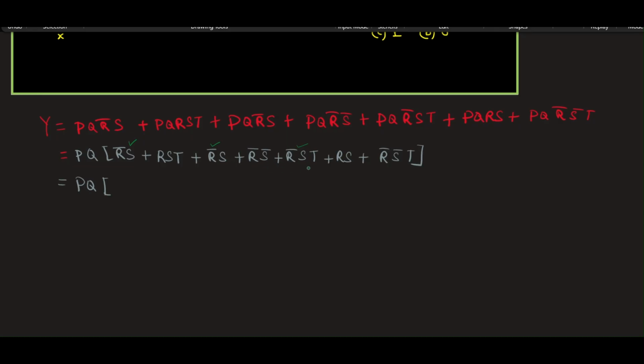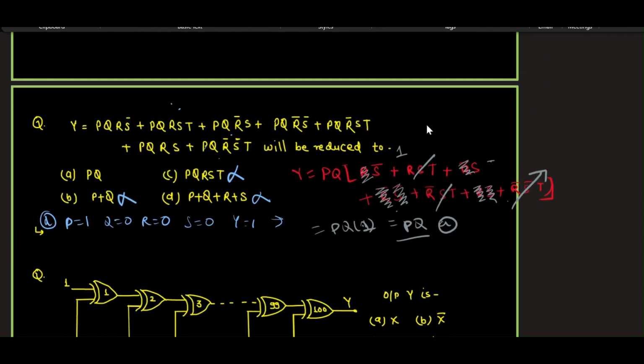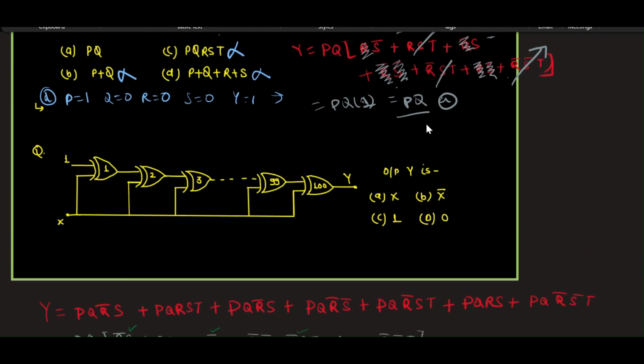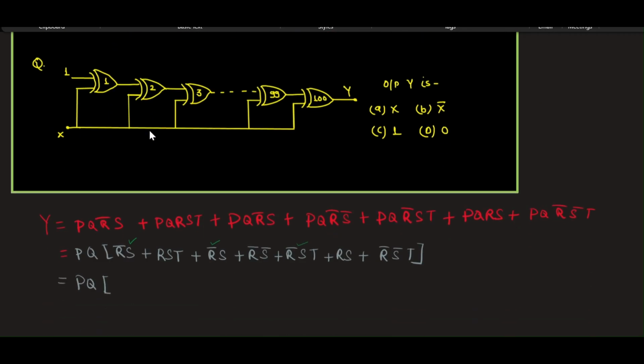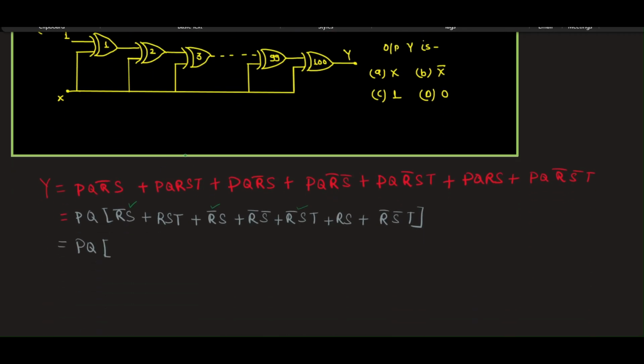In all these three terms, R bar S is common, right? This is R bar S. This is R S bar.